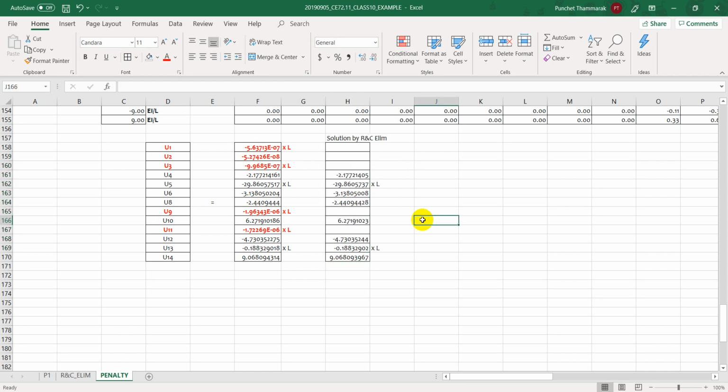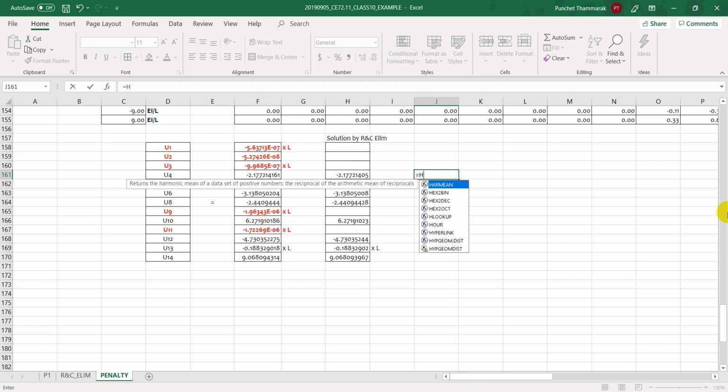The same, right? You have the difference of around, if you want, take the absolute of this one minus this one, divide by this one, the absolute of the whole thing.